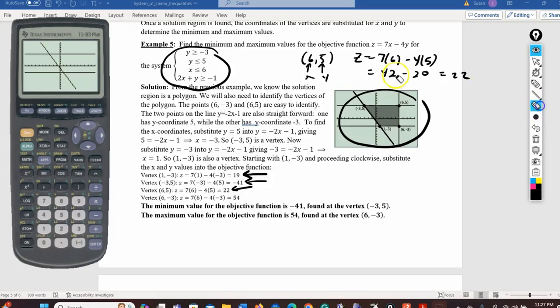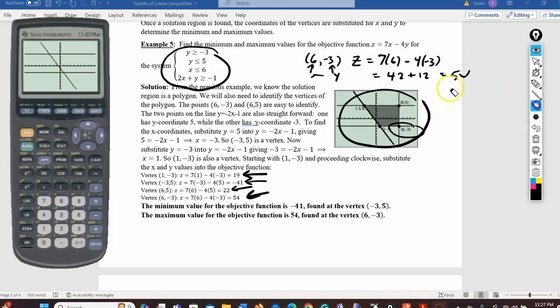Okay, and finally, my last vertex, my objective function becomes 7 times the x value minus 4 times the y value, which is going to be 42 plus 12, which is going to be 54.